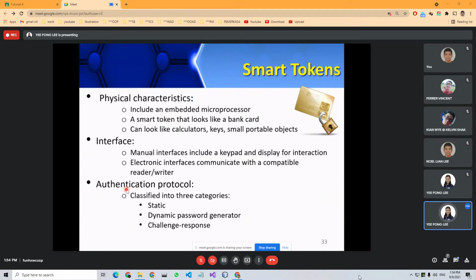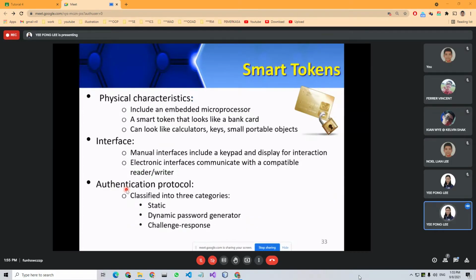Static: with the static protocol, the user authenticates themselves to the token, and then the token authenticates the user to the computer. This is what they call static. For a dynamic password generator, the token generates a unique password periodically, meaning every minute it will be different.